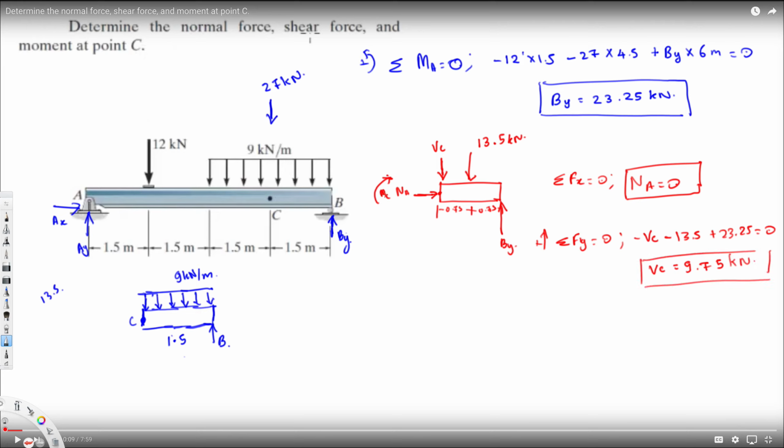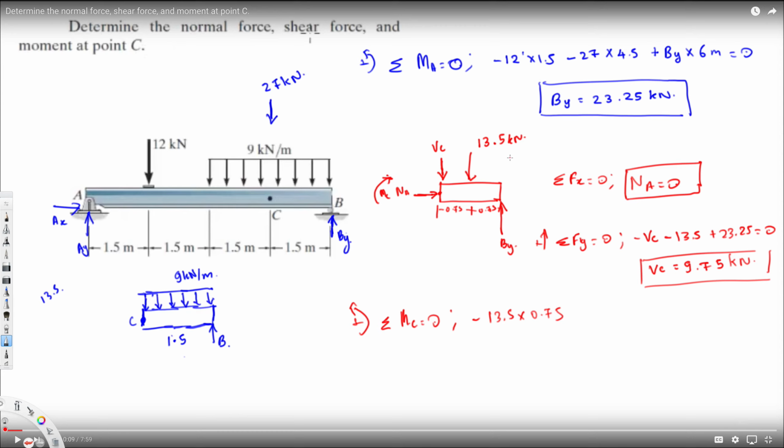Then I can find moment C. If I take moment about C and take counterclockwise positive, we have 13.5 acting clockwise, so it's negative 13.5 times 0.75.